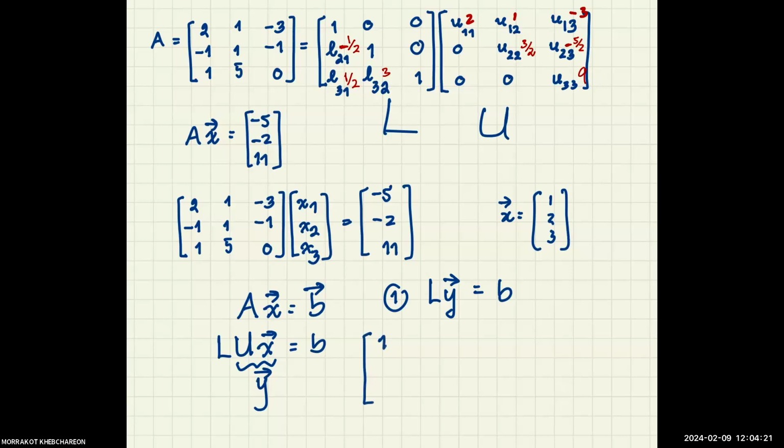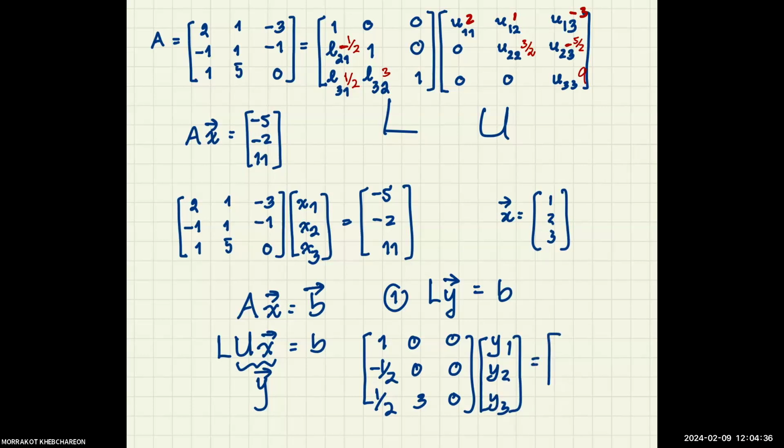L is 1, 0, 0; -1/2, 1, 0; 1/2, 3, 1. Times y, so I call it y1, y2, y3, equal to the right hand side vector, which is -5, -2, and 11. Okay. You get it?